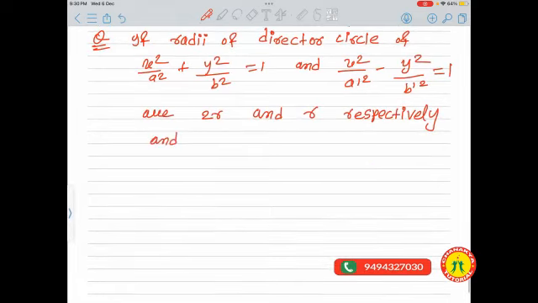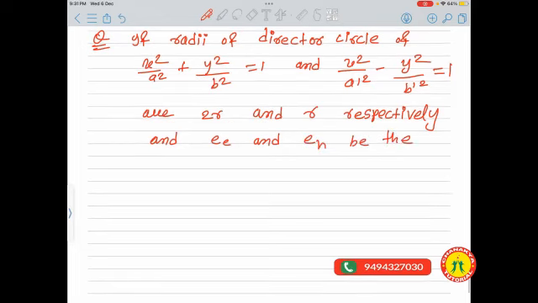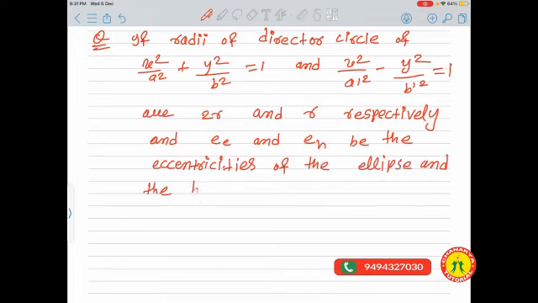And E_E and E_H be the eccentricity of the ellipse and the hyperbola respectively.